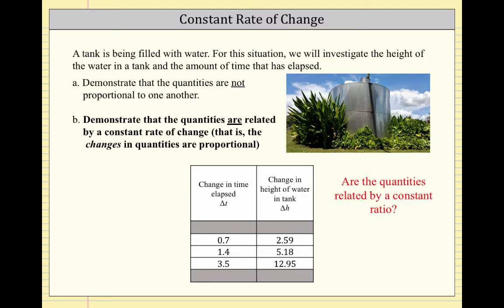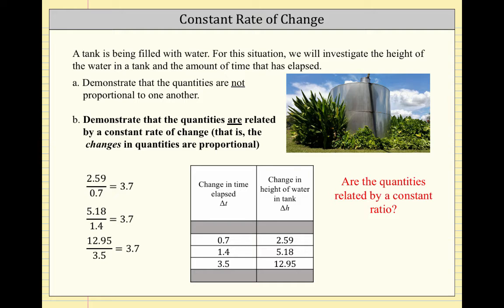Now let's look at, are they related by a constant ratio? To do that, I'm going to take the output and divide it by the input. For example, 2.59 divided by 0.7 gives me 3.7. And my expectation is that they should all be 3.7. Let's find out. 5.18 divided by 1.4 is 3.7, yes.